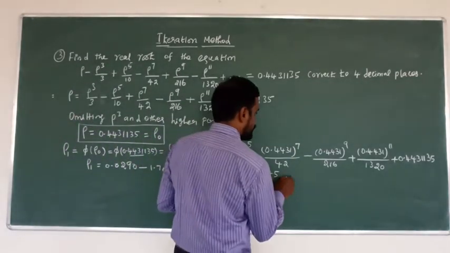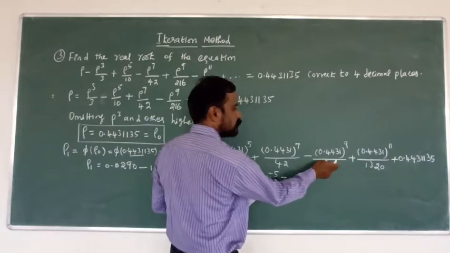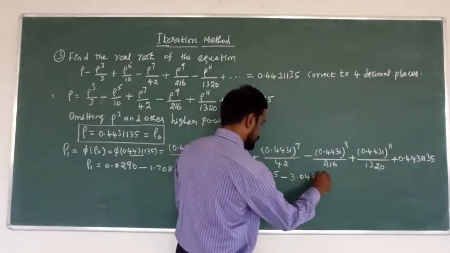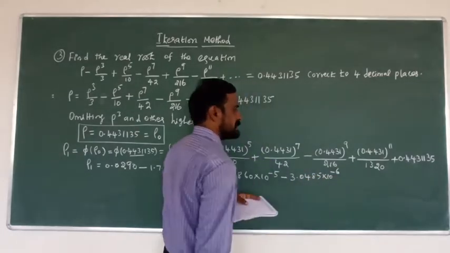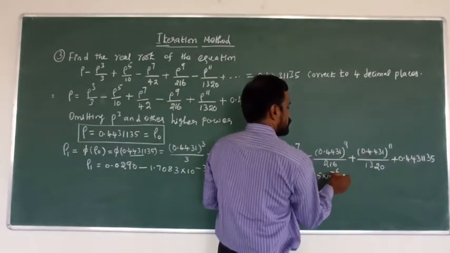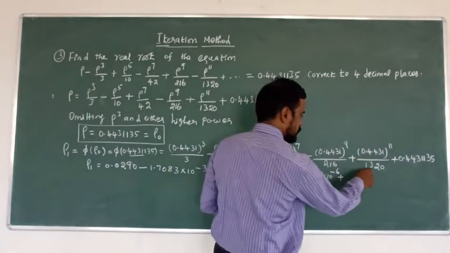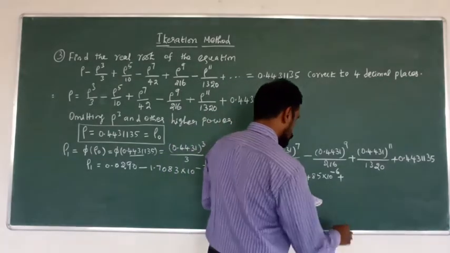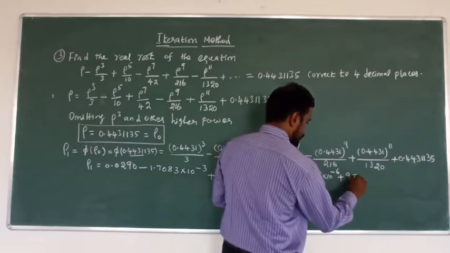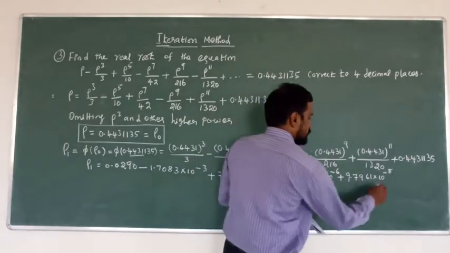Next minus 0.4431 power 9, that result divided by 216, we can get 3.0485 into 10 to the power of minus 6. Next plus 0.4431 power 11, that result divided by 1320, we can get 9.7961 into 10 to the power of minus 8, plus 0.443135.